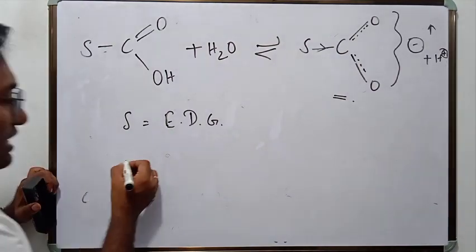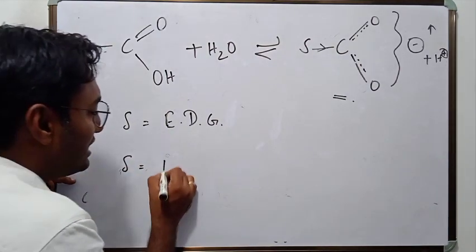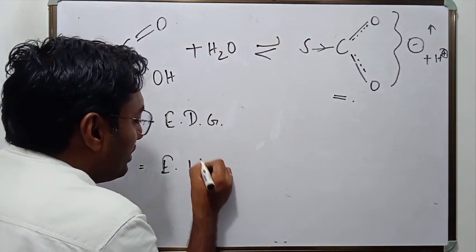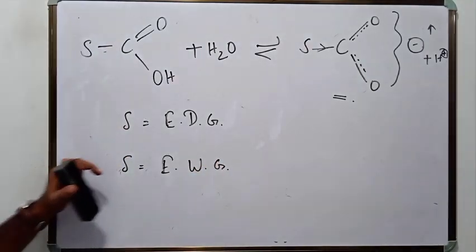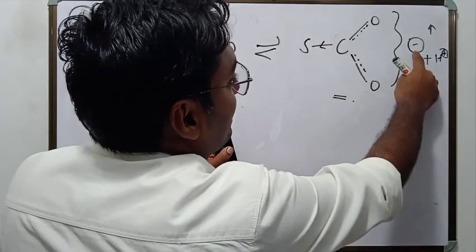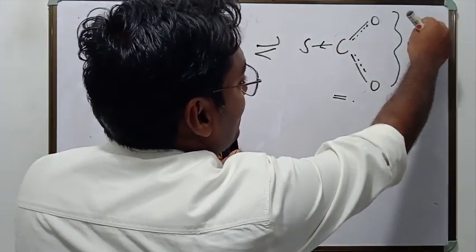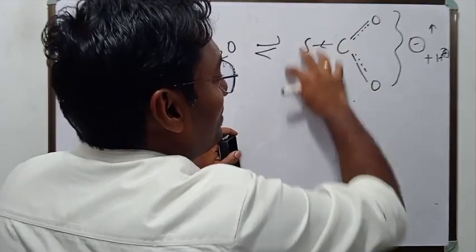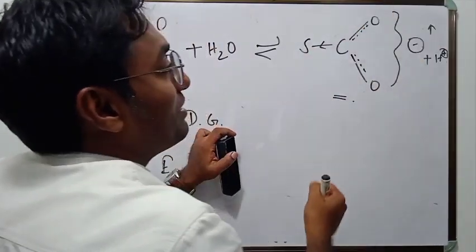Now let us assume that S is an electron withdrawing group. What would happen? The magnitude of the negative charge here will decrease. That would make the carboxylate salt very stable, correct?